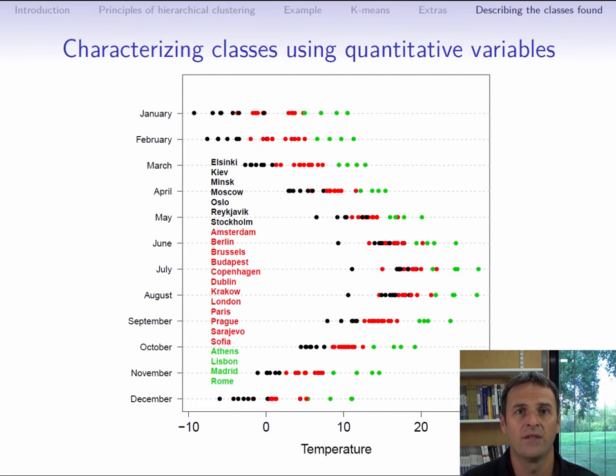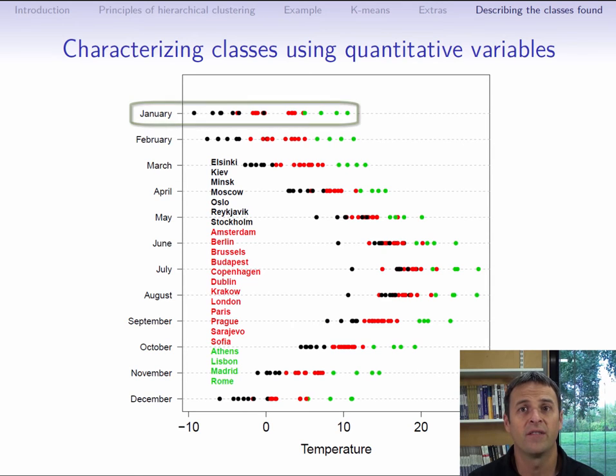Now, how can we see if there are certain variables that describe effectively a certain class? Are the values of a certain variable particularly outlying for the individuals from one of the classes? For example, we have that for January, the black cities take smaller values than all the others, so it's clear that the January variable can be used to precisely define the black class.